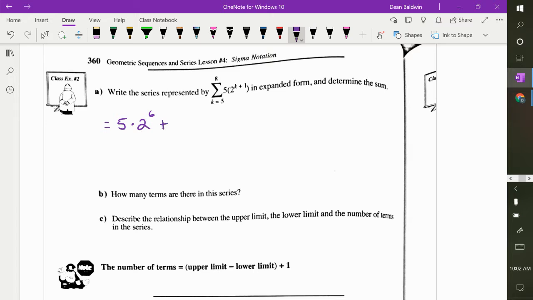There's our first term. Plus, then put in 6. 5 times 2 to the 7. 5 times 2 to the 8. 5 times 2 to the 9. So there's 4 terms in this one.